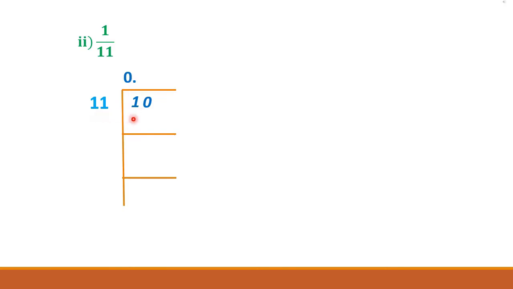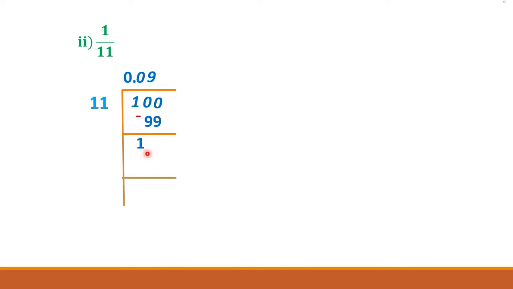So we put 0 after the decimal point and also put 0 in front of 10, and now it becomes 100. So 11 9's are 99. So 100 minus 99 is equal to 1.